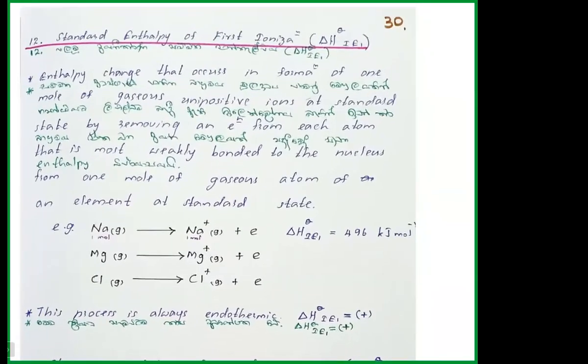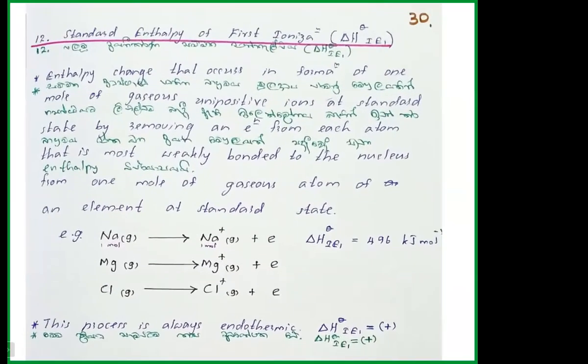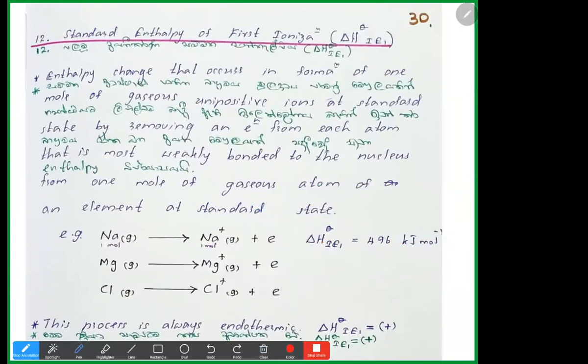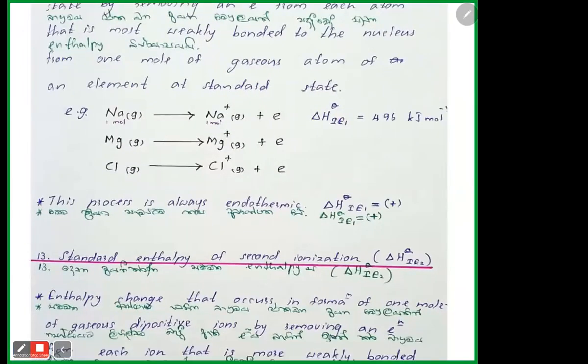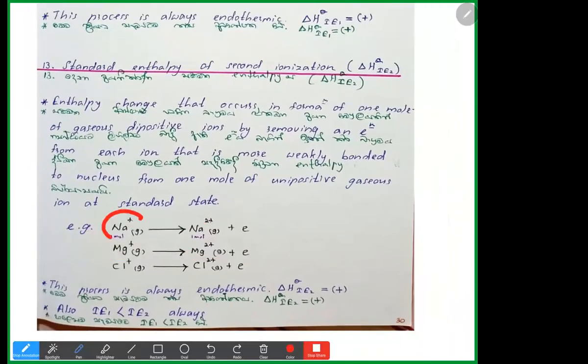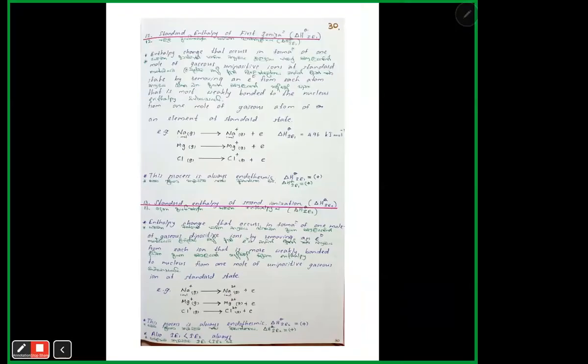Then the 13th one is the first ionization energy that we did under unit 1 and unit 2. 1 mole of gaseous atoms gives 1 mole of gaseous plus charge ions. Then the second ionization energy, positive 1 mole gaseous gives positive 2 mole gaseous.